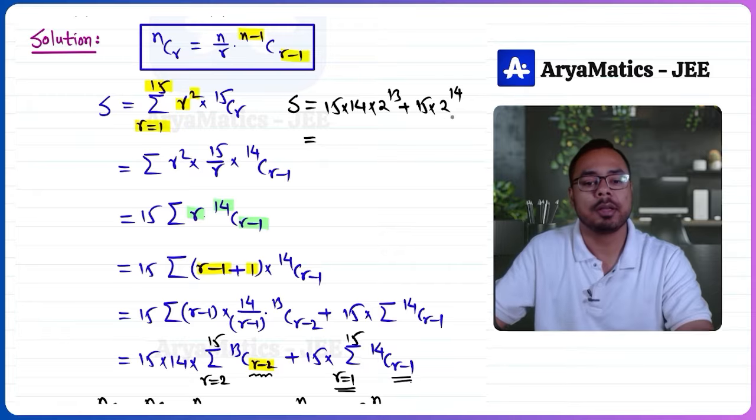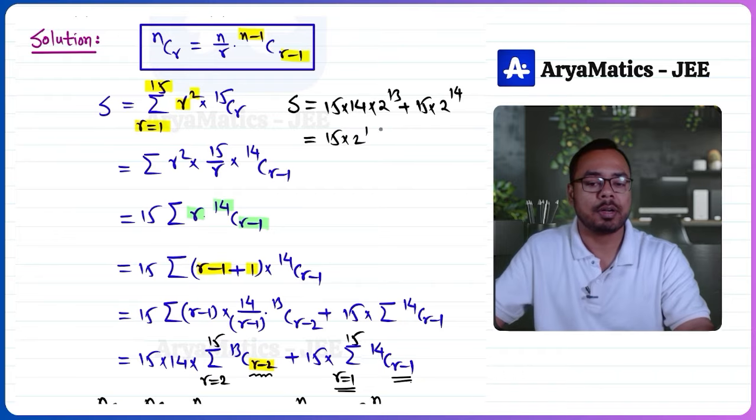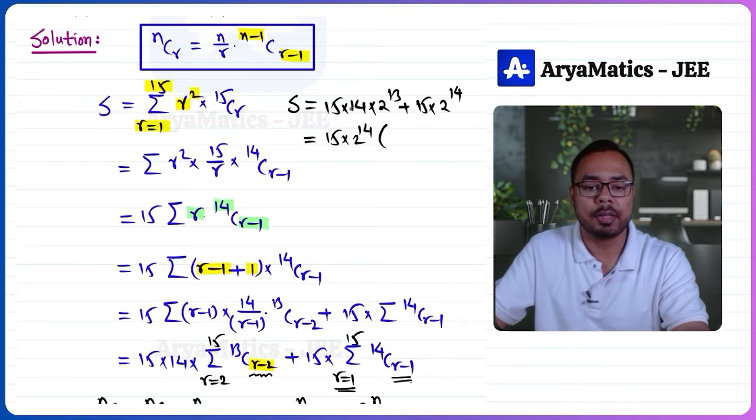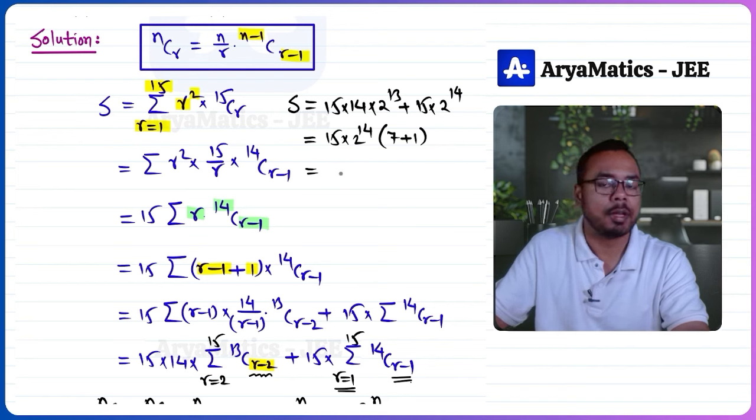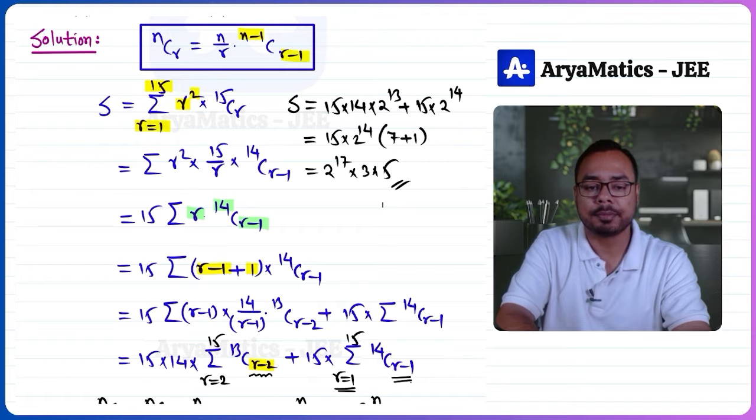Now you can take 2 raised to 14 common, and 15 common. So this becomes 7, and from here you will get 1. So finally this will become 8, so 14 plus another 3, that is 2 raised to 17, and then 15 one can write as 3 into 5. So this is the sum that we are getting finally.